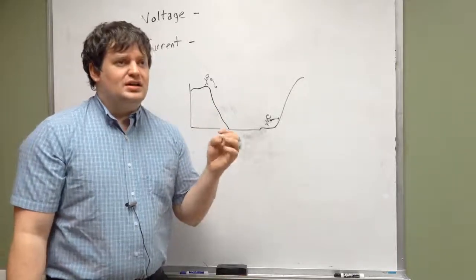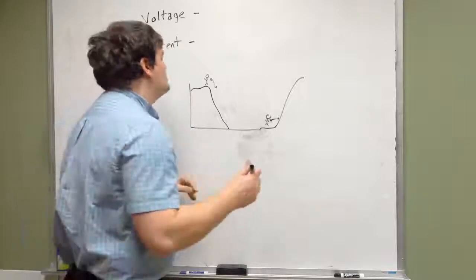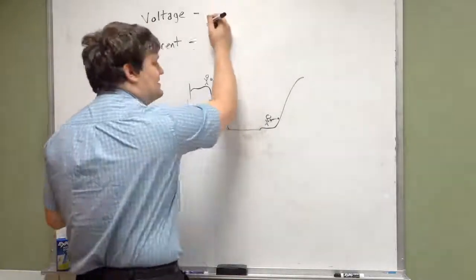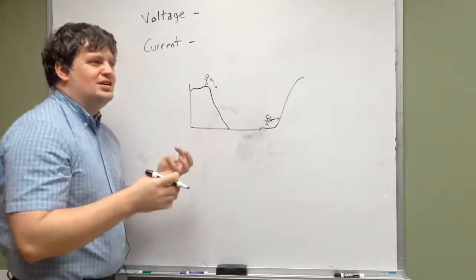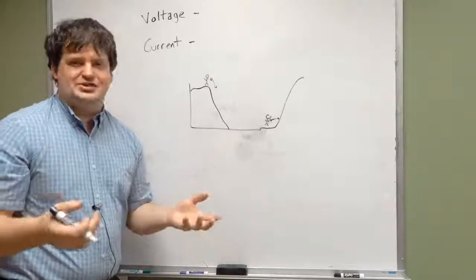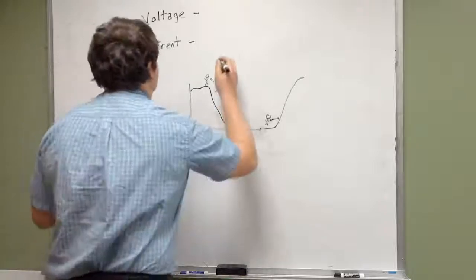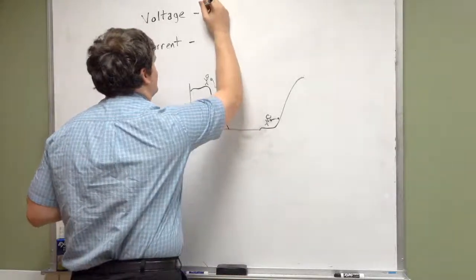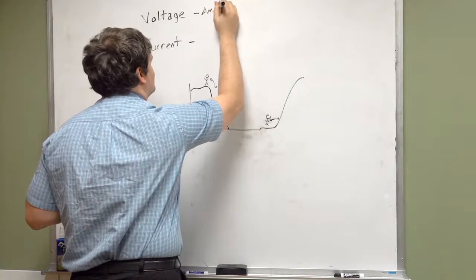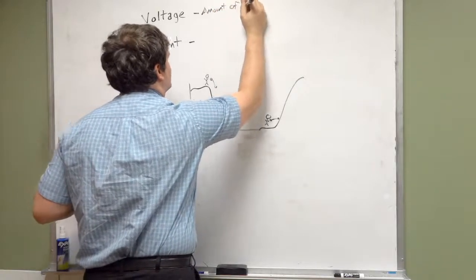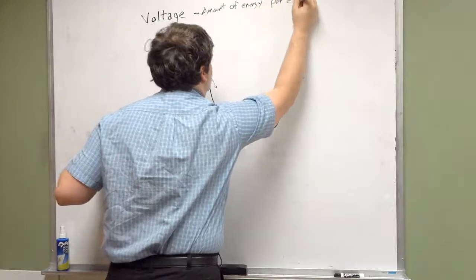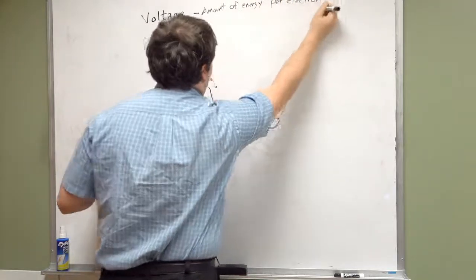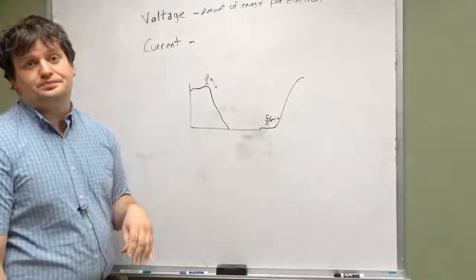The definition of voltage is the amount of energy per electron. That's the definition of voltage.